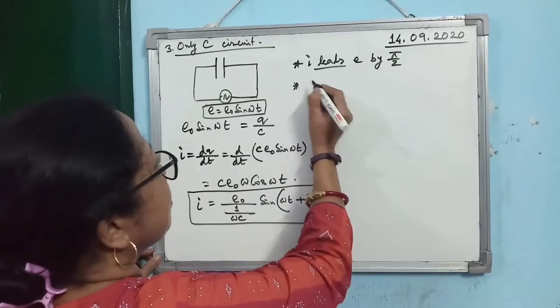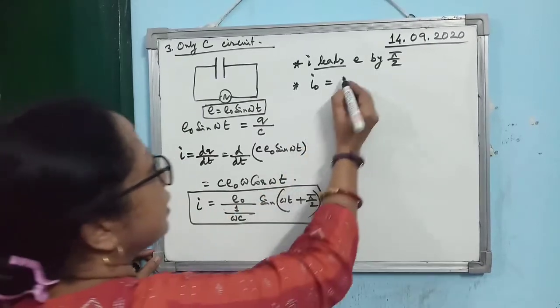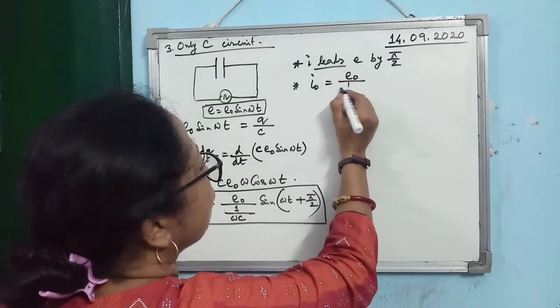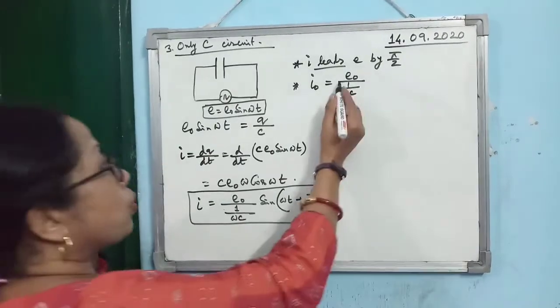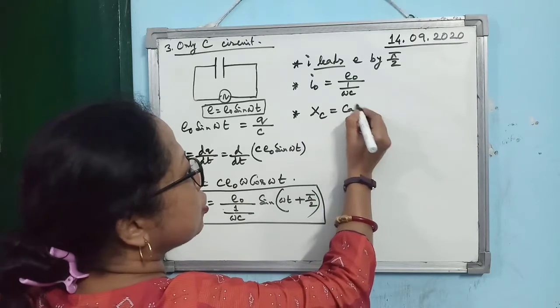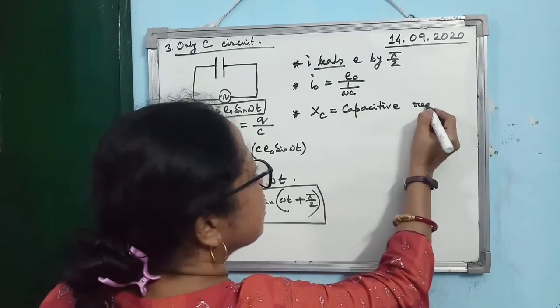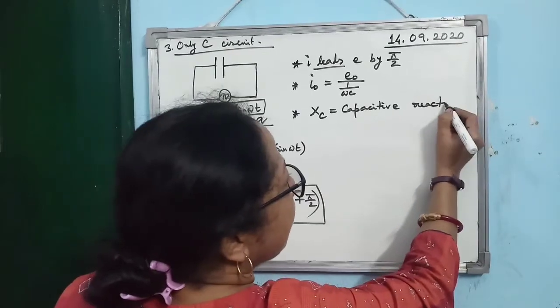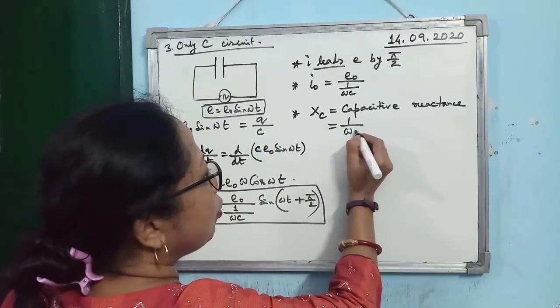Secondly, here you can write I0, the peak value of the current, as E0 by 1 upon omega C. Alright. So what is 1 upon omega C? 1 upon omega C is known as the capacitive reactance, and it is equal to 1 upon omega C.